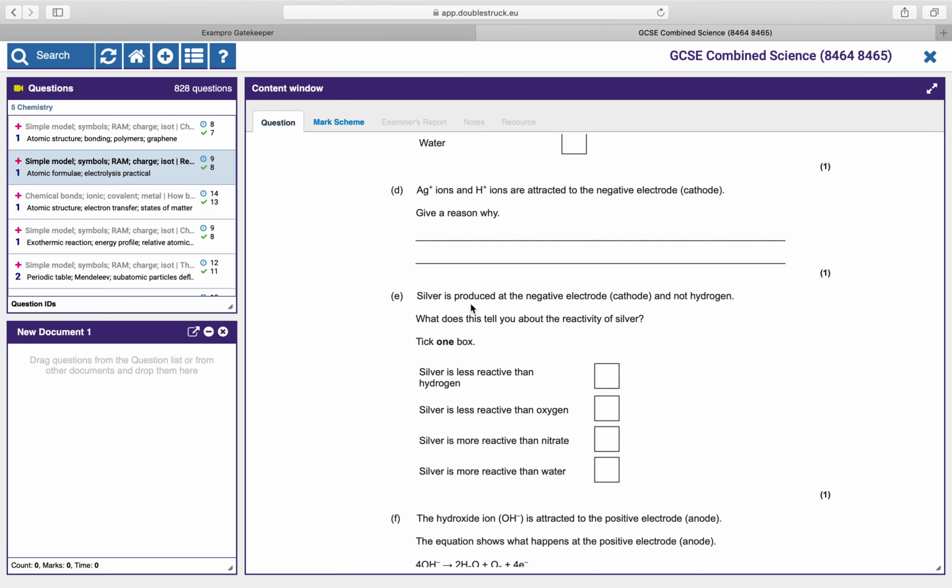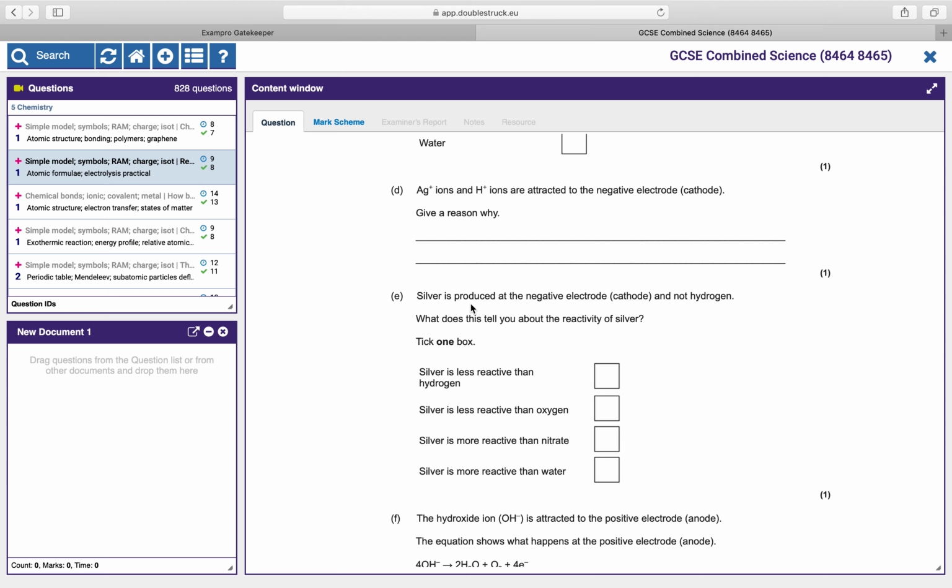Okay, so silver is produced at negative electrode, cathode, and not hydrogen. What does this tell you about the reactivity of silver? Have a look at that. Okay, so silver is less reactive than hydrogen, silver is less reactive than oxygen, silver is more reactive than nitrate, silver is more reactive than water.